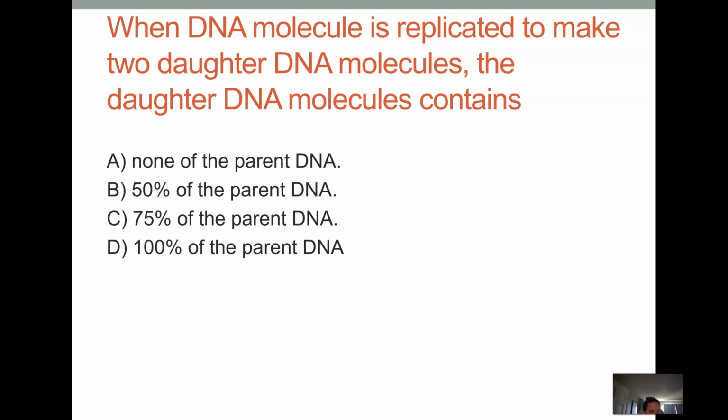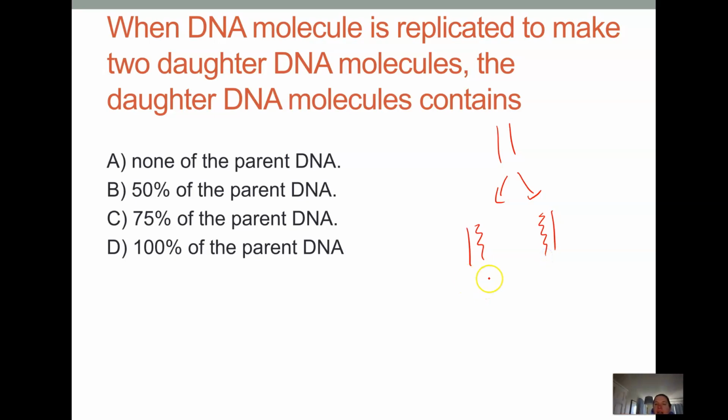The correct answer here is B, 50%. So if we have our original parent strand, remember they're going to get separated during replication, and we're going to make a new daughter strand based on that template.